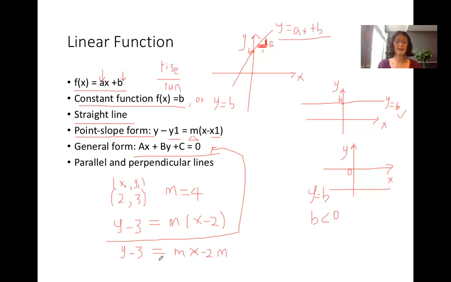Then you move these two items to the left-hand side. So the right-hand side, you get 0. When you move an item across the equation, you change the sign. So it becomes negative y plus 3. The original right-hand side, you have mx minus 2m.